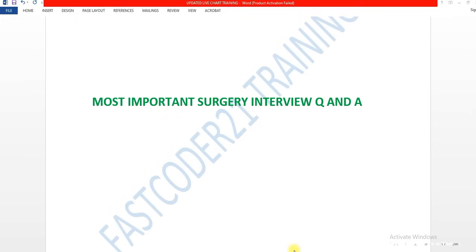It's a two-digit code appended to the CPT, so that it will give more detailed information about the CPT.